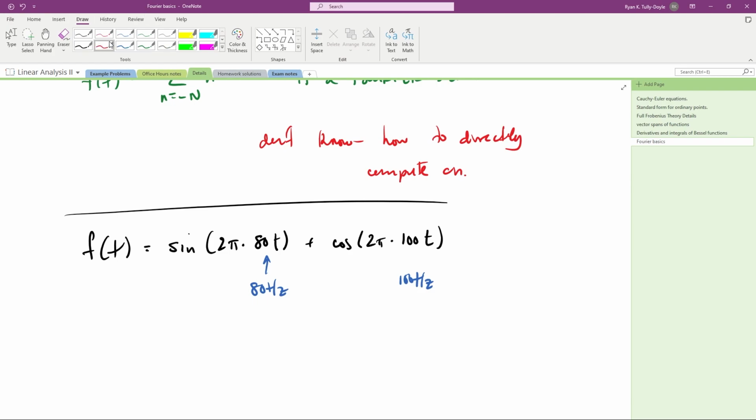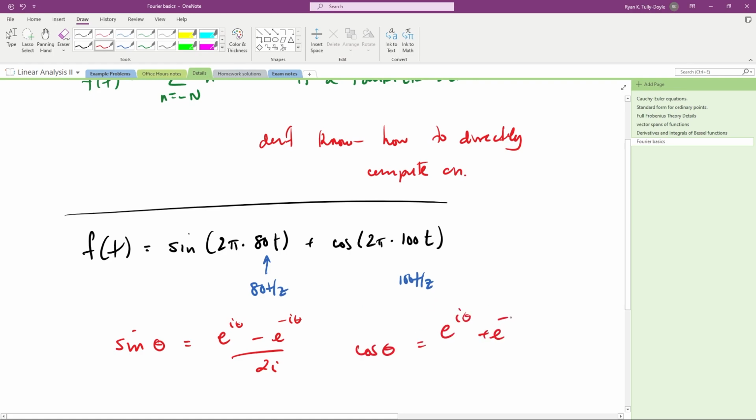So what we're going to do is use the formula sine theta is equal to e to the i theta minus e to the minus i theta over 2i, and that cosine theta is e to the i theta plus e to the minus i theta over 2. And with those substitutions, we can take f and break it up into complex exponentials and rearrange it. After all, that's what we mean by a Fourier series, a function represented in terms of complex exponentials.